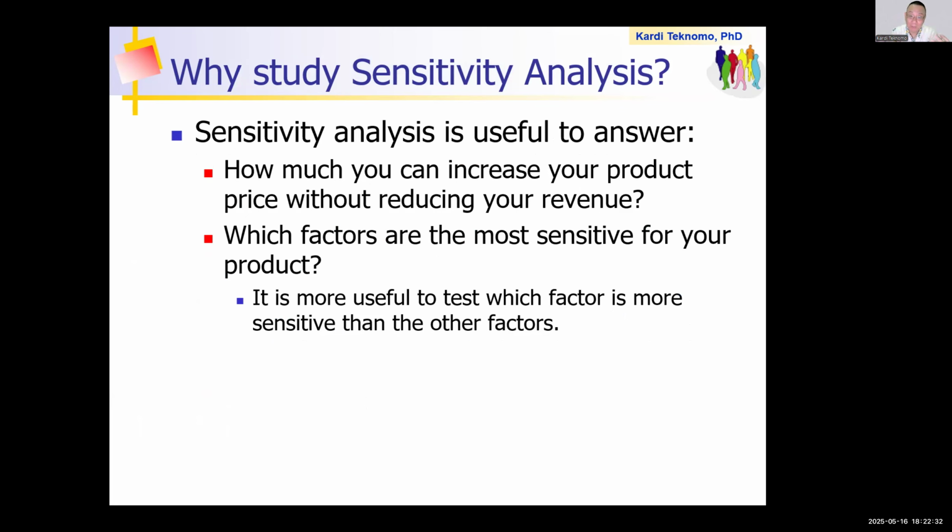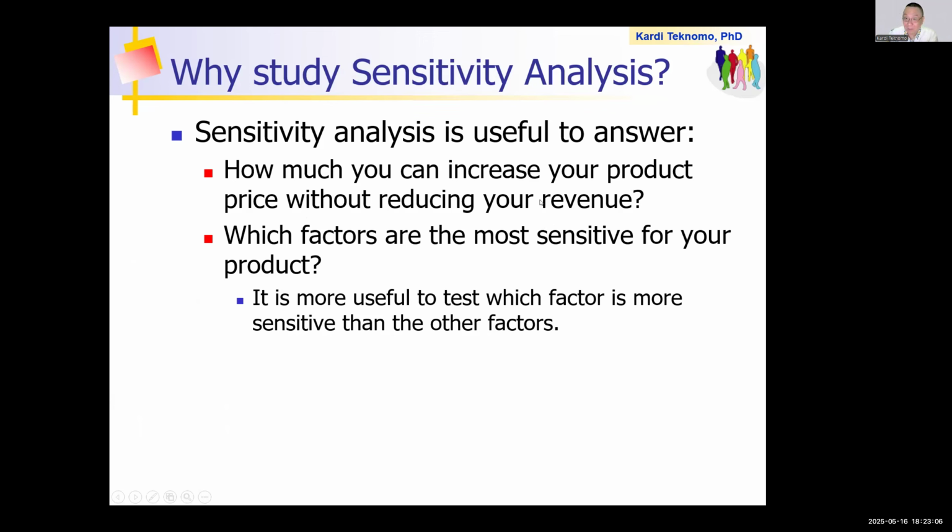When you want to implement something, you need to care which factor is actually the most sensitive in your model. Knowing which factor is sensitive means a small change will produce a large output change. That is called sensitive. So how much can you increase your product price, for example, without reducing your revenue?